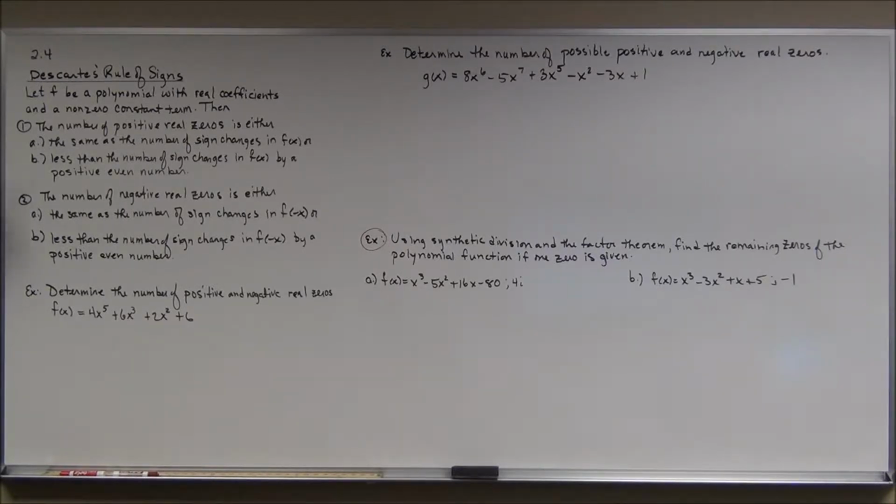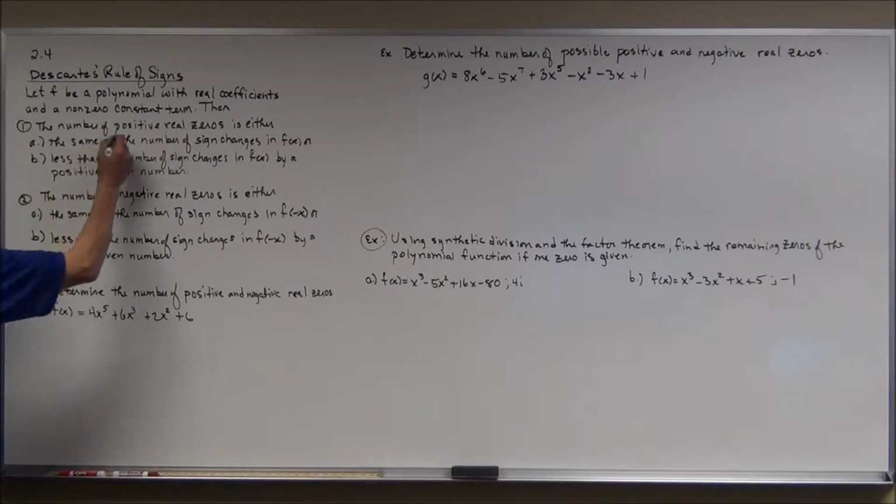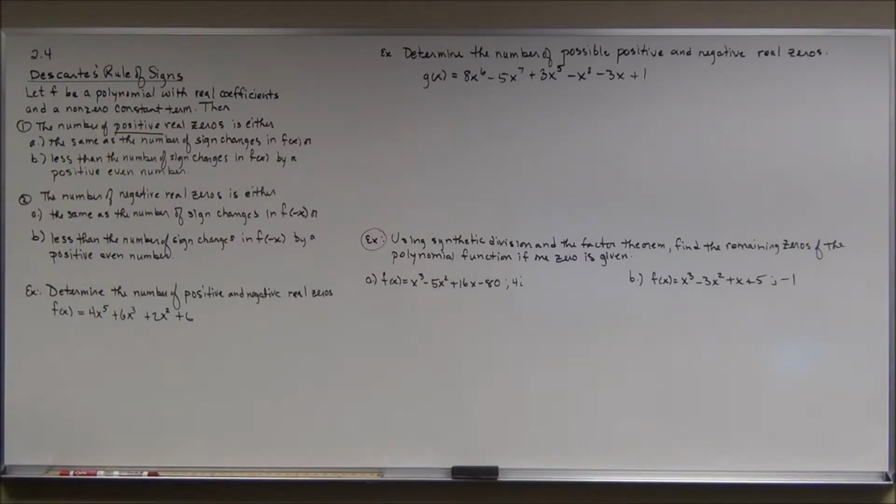So if f is a polynomial with real coefficients and a non-zero constant term, then 1, the number of positive real zeros is either the same as the number of sign changes in f of x, or is less than the number of sign changes in f of x by a positive even number. I'll explain that in more detail with an example.